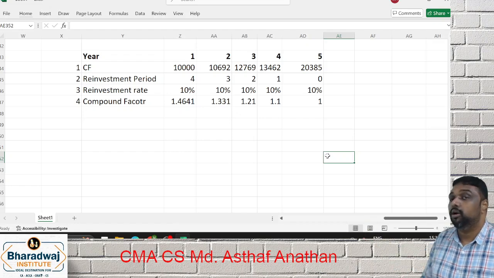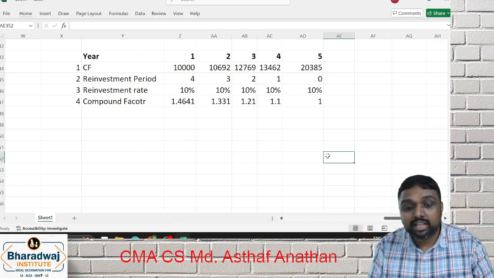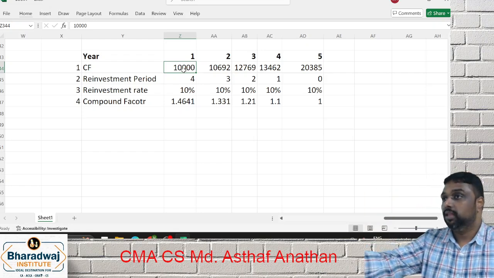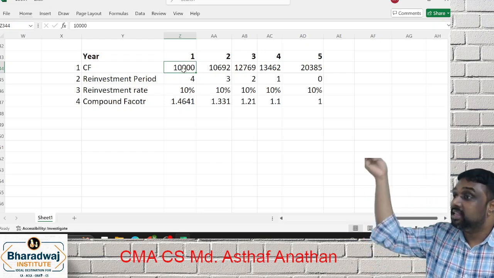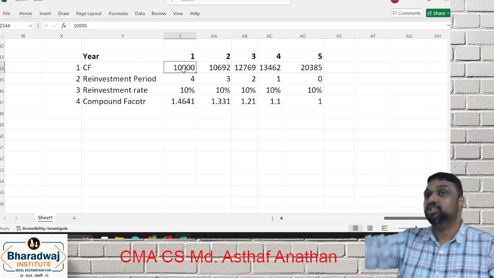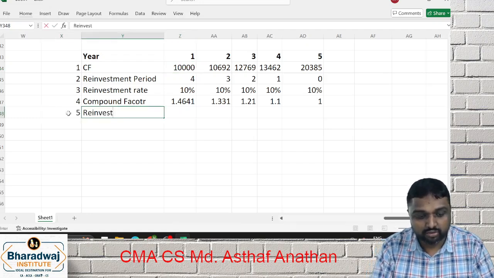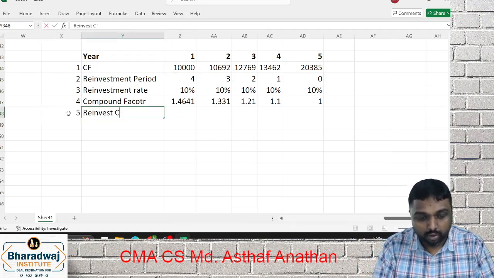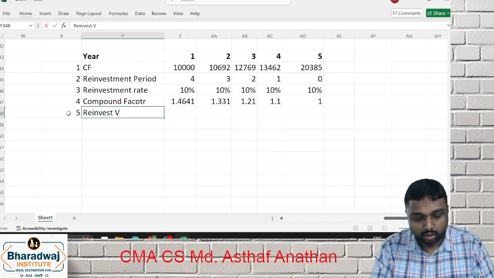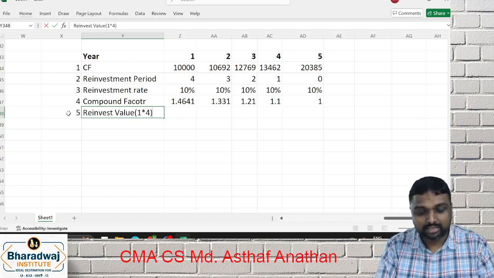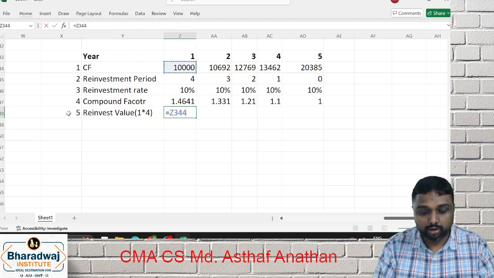Now you got the compounding factor. I have told you what this concept is. Whatever the amount you are getting, you are reinvesting. So if you reinvest, you will get the amount you invested plus interest. So that is what we are going to get, the reinvestment value. What is the reinvestment value? It is the amount you invested into the interest rate factor.